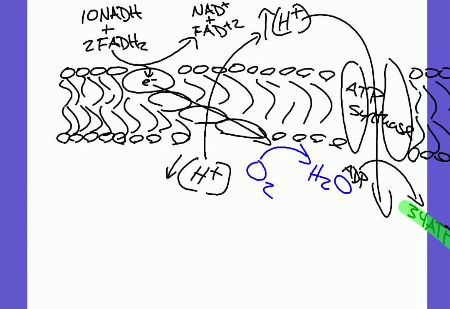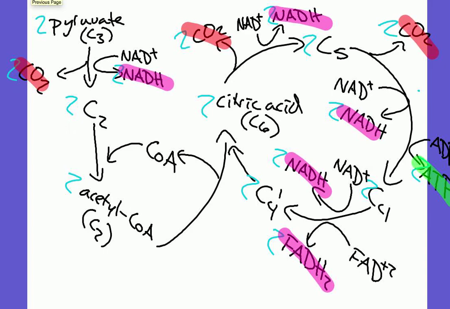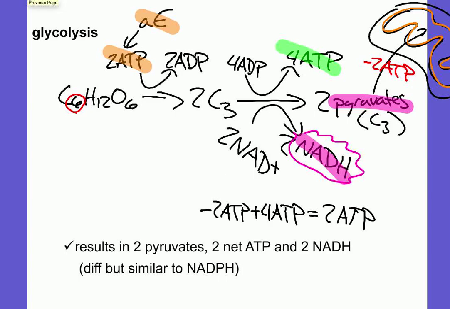I got those electrons from these high energy molecules here. Those are the same high energy molecules that we made 2 slides ago, and then even a couple slides back, these ones right here. So all of that energy ultimately comes from the glucose in the beginning, but there's lots of steps involved in that, right? It's not just one simple step.